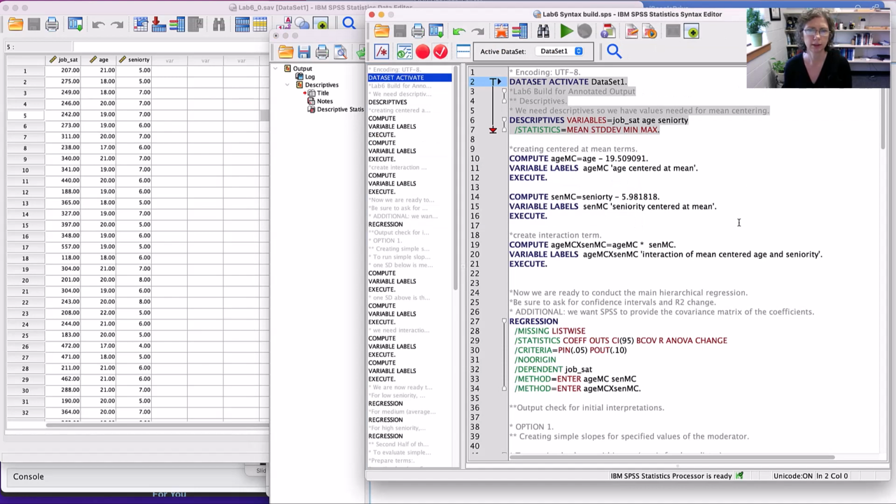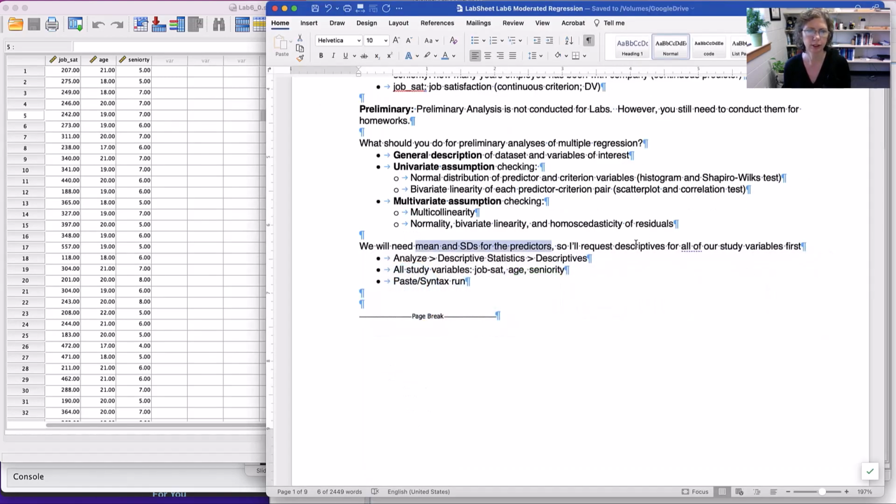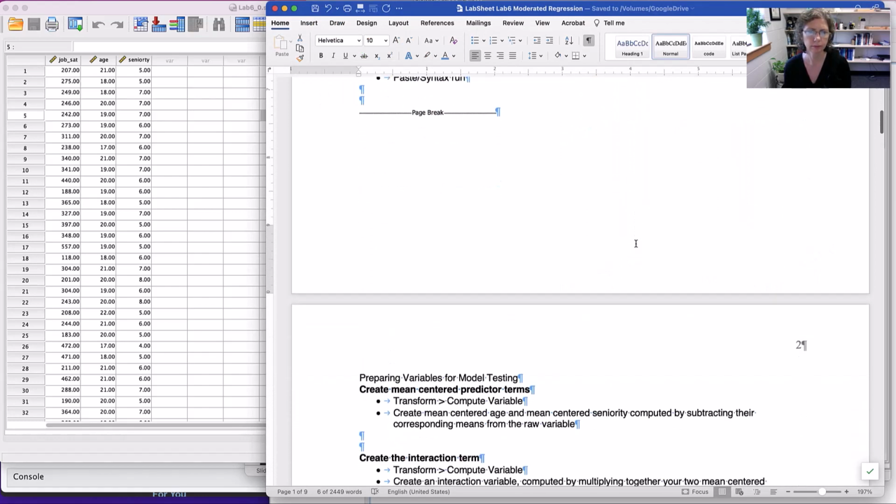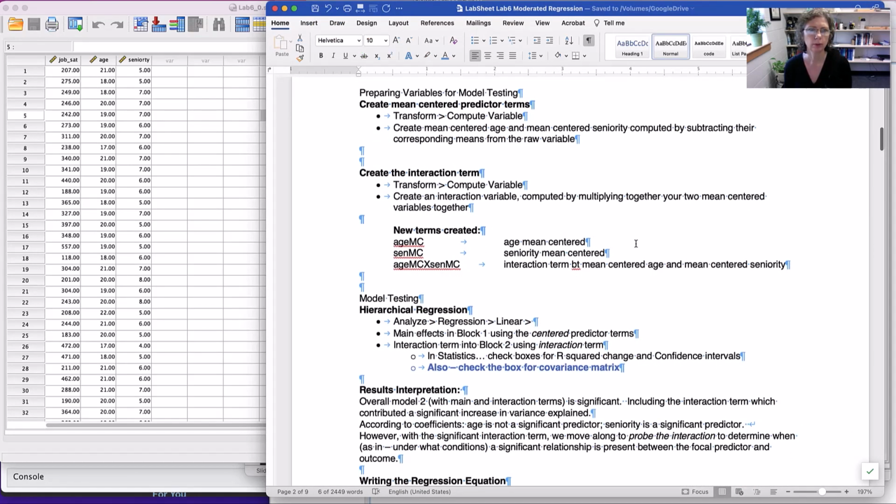So next on our lab sheet, we want to create the mean-centered predictor variables. So for that, you're going to go to Transform and Compute Variable, and we want to take the variable minus the mean to have our mean-centered variables. So I'll show you how that's done.